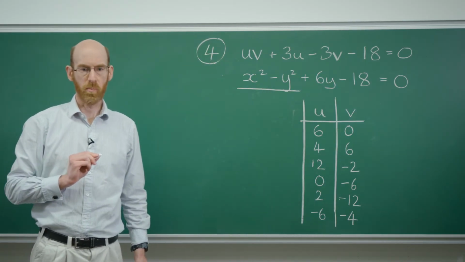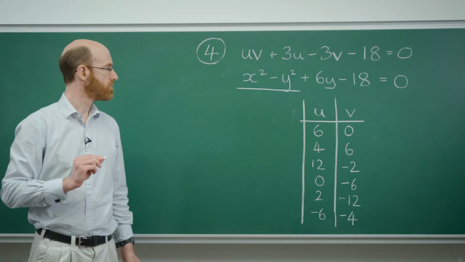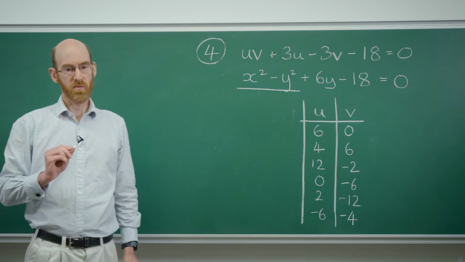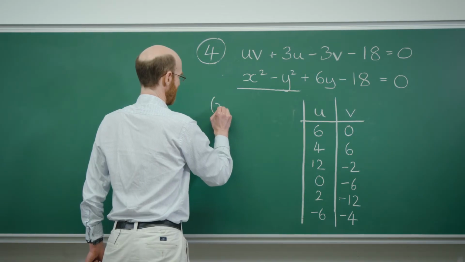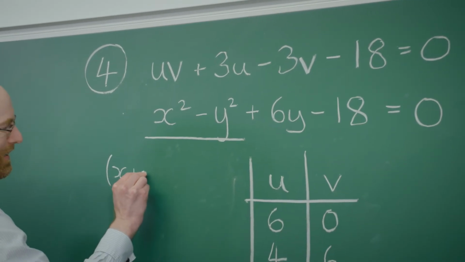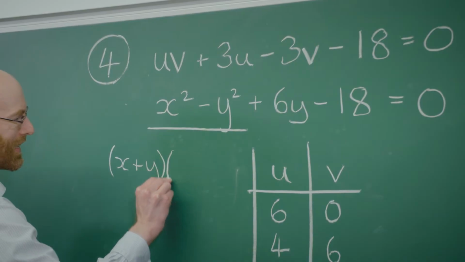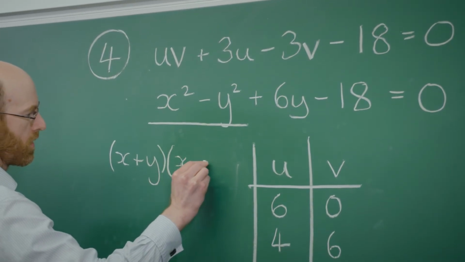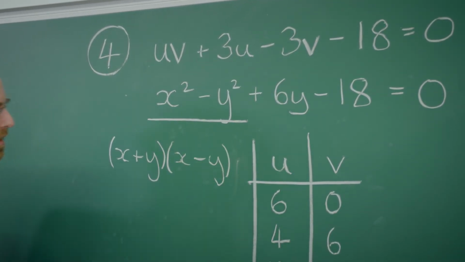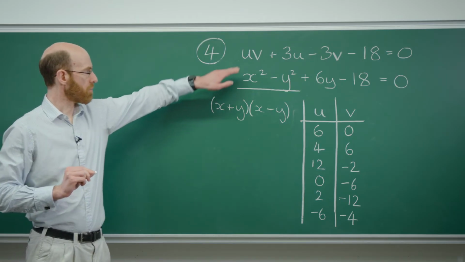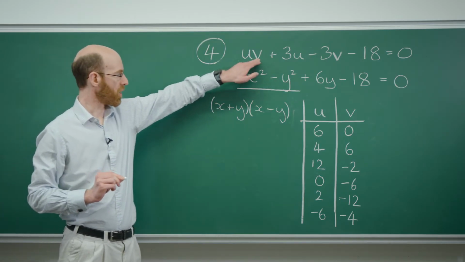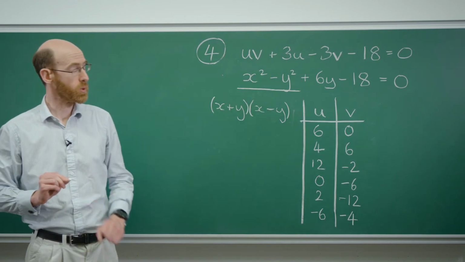That expression may look familiar. The difference of two squares formula. See if we can match one of these with u and one of these with v. We don't know yet which way round.